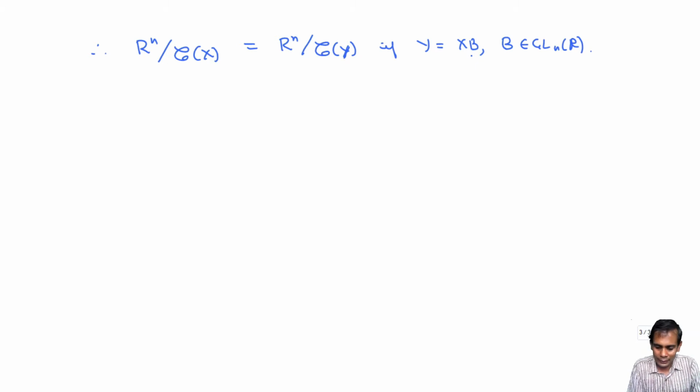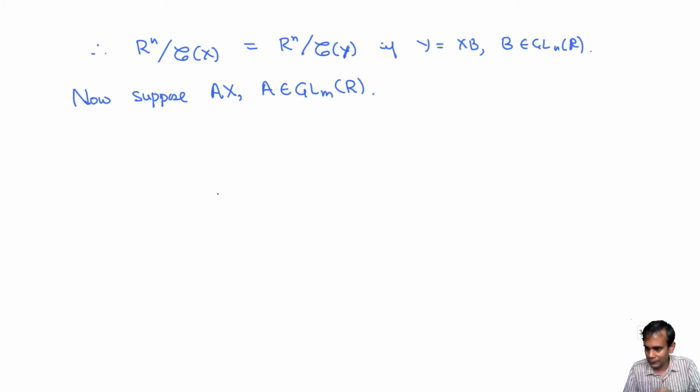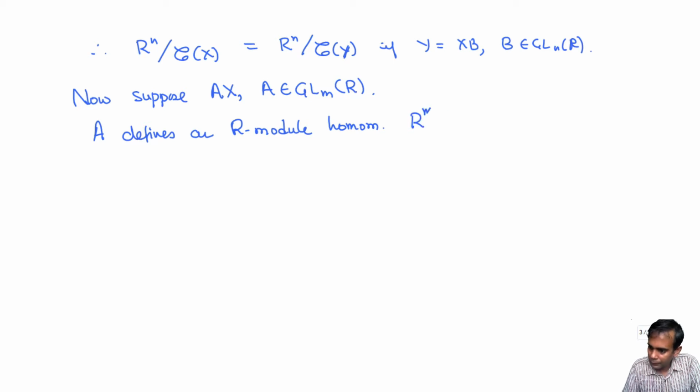So let's now look at the case that Y is A times X, where A belongs to GL_m(R), and so this A defines an R module homomorphism R^m to R^m.